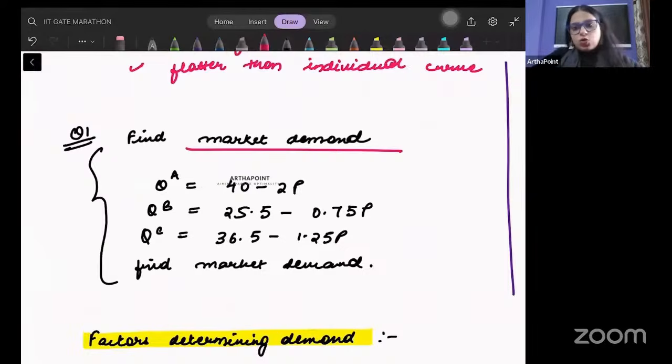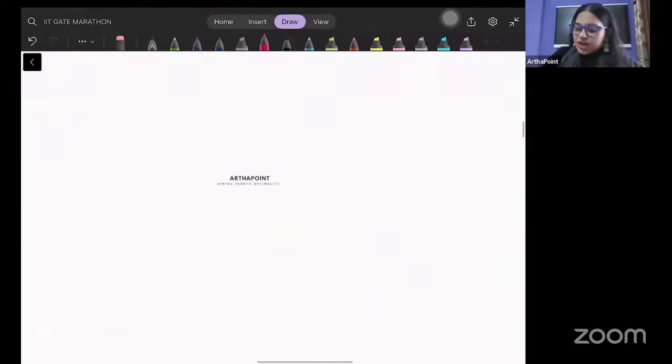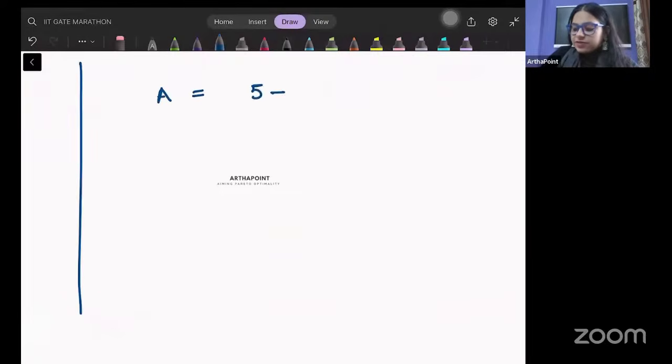Here I just want to focus on one more thing. This can be asked in the exam again. Suppose, beta, you are given 2 individuals. The demand curve of your first individual is 5 minus PA. This is the quantity of the first individual.